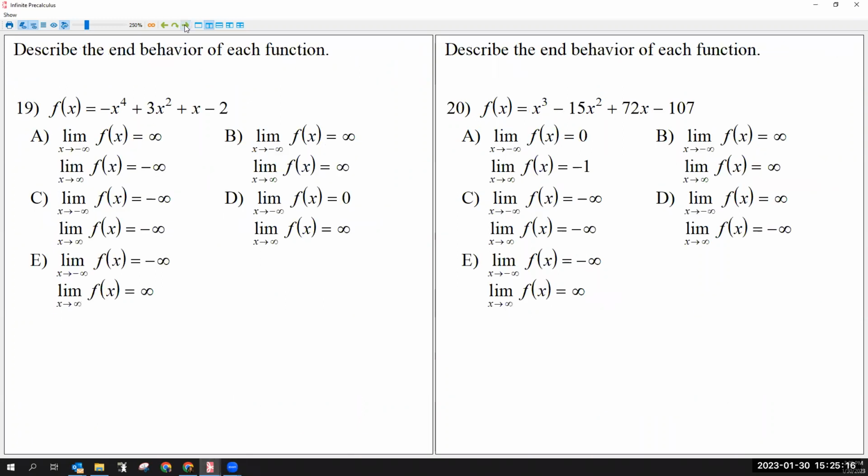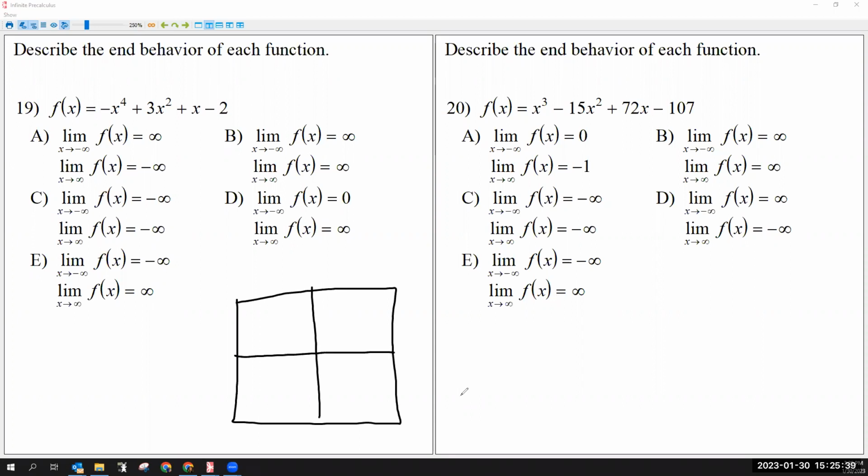All right, last 2 questions in behavior. Go ahead and try these 2. Pause the video, try these 2, and we'll go over them. All right, so as you're doing these, there's really 2 ways. You can try to remember our chart we did. We talked about even, odd, positive, negative.